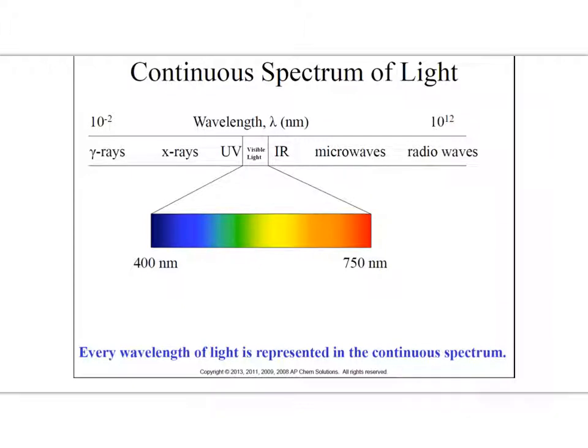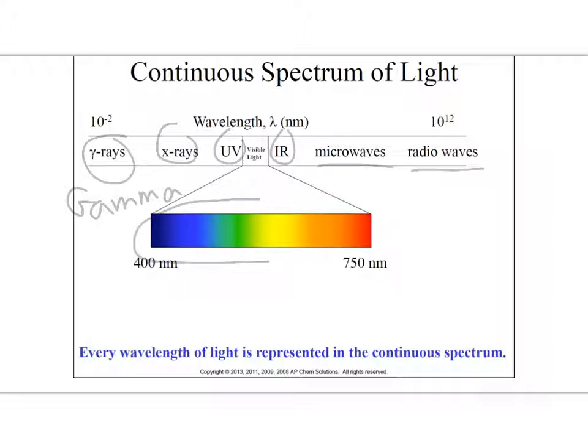When we think about light, sometimes we just think about the light that we can see. But there are lots of other forms of light and energy. They all act in a similar way. They are all like particles or waves, and they all have wavelength and frequency. We start down here with gamma rays, which are radioactive waves, and work our way through X-rays, ultraviolet, visible light, infrared, microwaves, and radio waves.